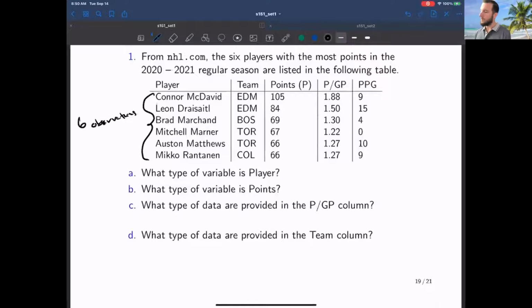And then we technically have 5 variables: the player name, the team name, the number of points scored, the points per game played, and the power play goals scored. These are the variables that are of interest to us.